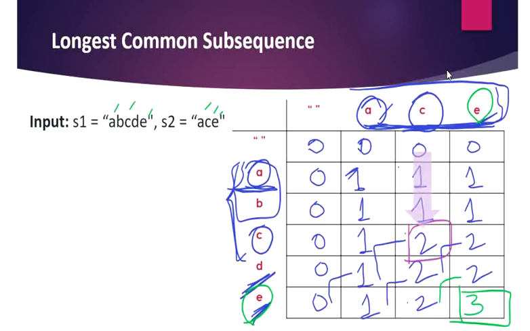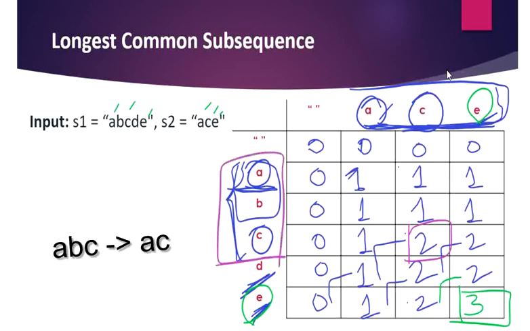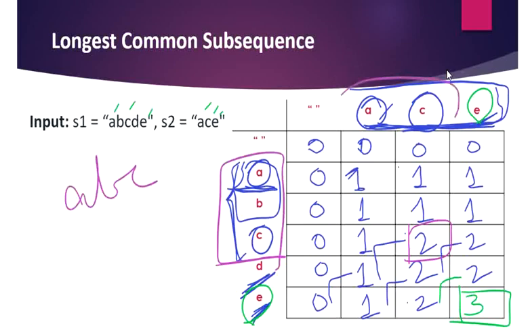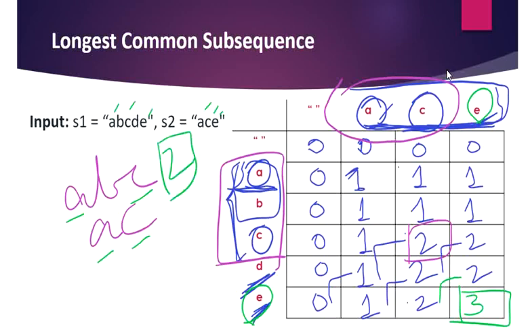What does this cell represent? This cell is representing the longest common subsequence between the string ABC and the string AC. If you manually see how many characters match in both the strings, they are A, C and AC. So it is going to be 2. That is what the box says.